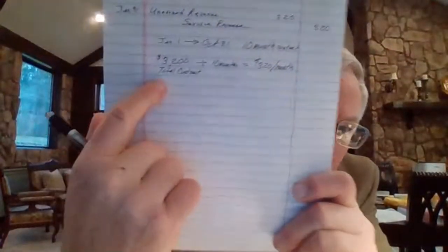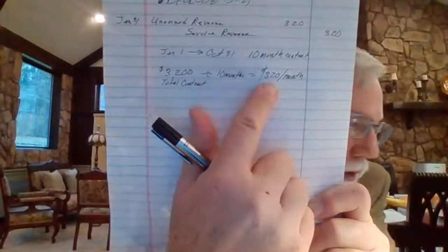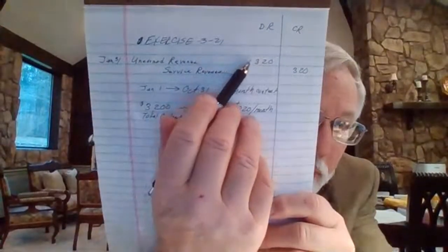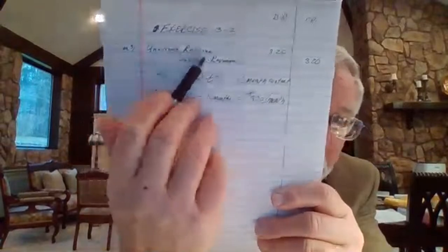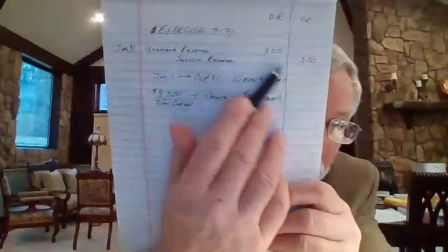So divide that by 10 months, and that's $320 per month. So how much was earned during January? $320. So that's what we reduced the unearned revenue by, the liability, and put it into a revenue account for the income statement, $320 for the month of January.